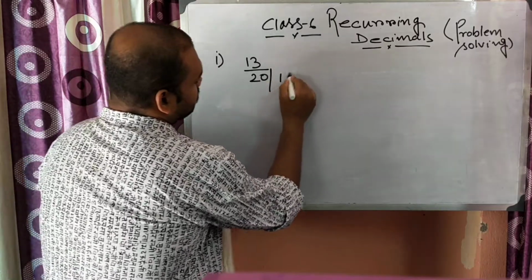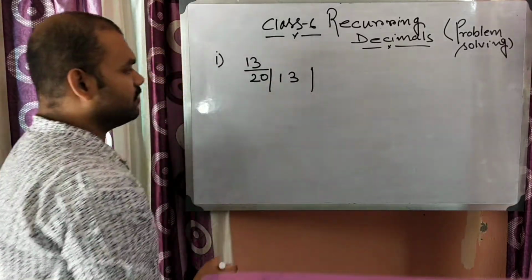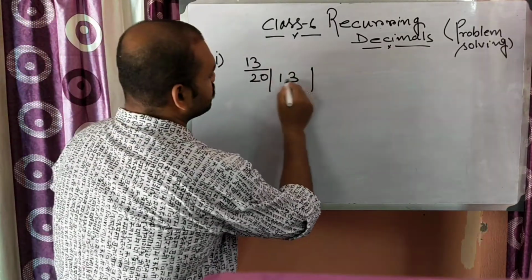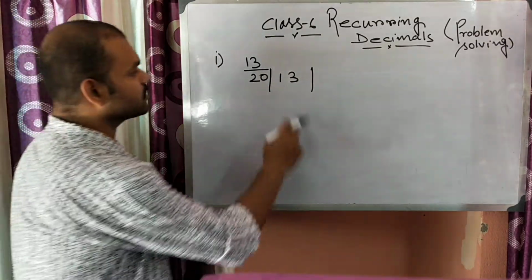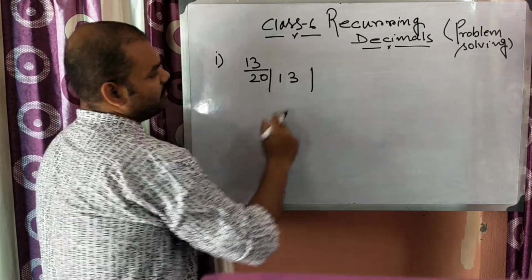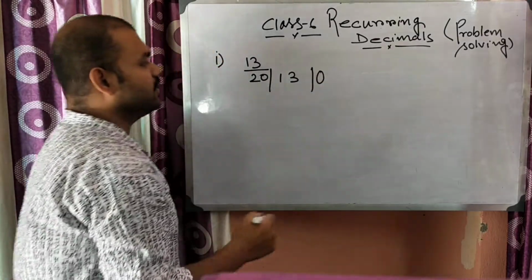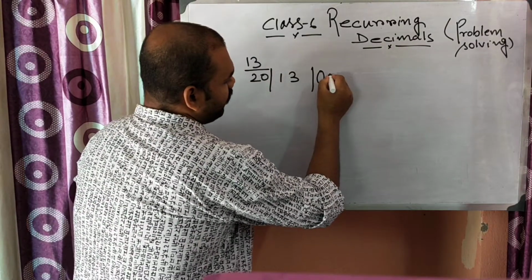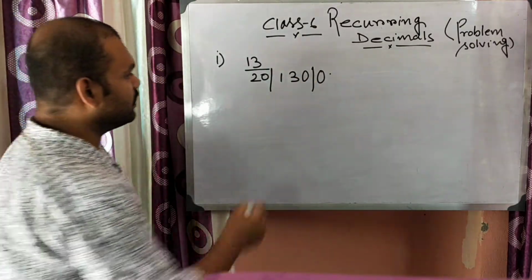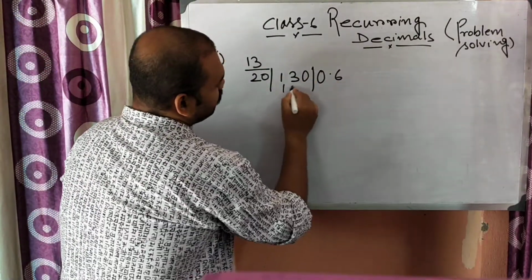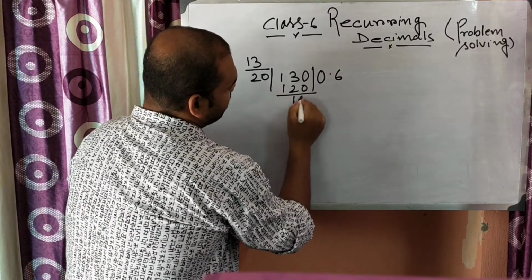That is, divide 13 by 20, infinite or finite. So 13 is not divisible by 20, because 13 is less than 20. So put 0 here. Next, bring a point, so we can take 1 0 here. So 6 twenties are 120, 10 remaining.